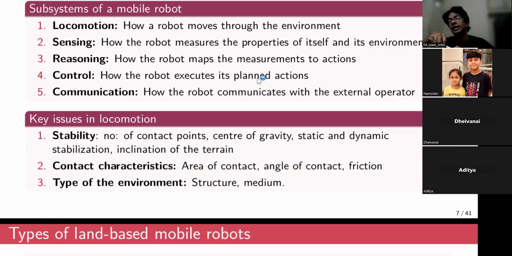In such cases, depending on the environment, we'll have to adapt the type of locomotive system that we would be using. We wouldn't send a robot with wheels to those sort of environments, right? Because wheels may not generate the necessary amount of traction. Instead, we'll have a system that has tracks. You might have seen them in military tanks, right? Those are very rugged and can be deployed in very rugged environments.